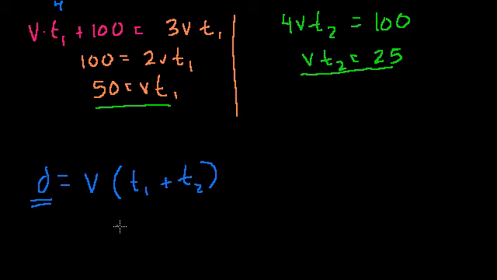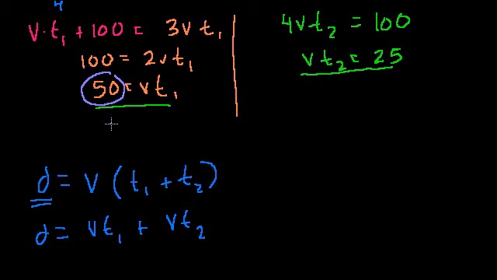And once again, we have all these variables, but maybe we can do something interesting. Let's look at this. So if we just distribute this, we have distance is equal to v times t1 plus v times t2. And do we know what these things are? Well, sure. We were able to kind of stumble our way into what these values are, and that's what's interesting about this problem. We never figured out v, we never figured out t1 or t2, but we can figure out this whole thing because v times t1, they tell us, is 50.